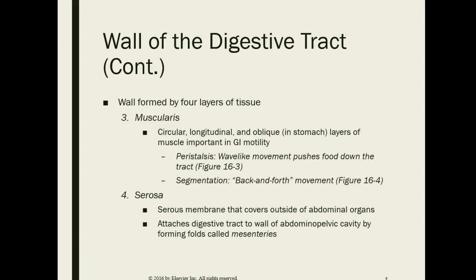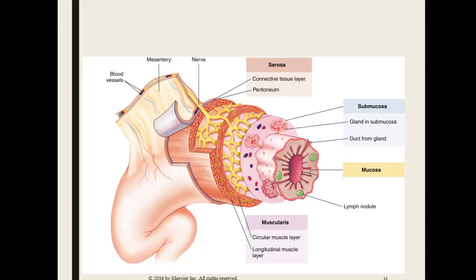They wouldn't stay secure where they're supposed to be located. So here we can see this would be the lumen inside, and then here's our mucosa, surrounded by the submucosa, and then the muscularis, and then finally that serosa on top.